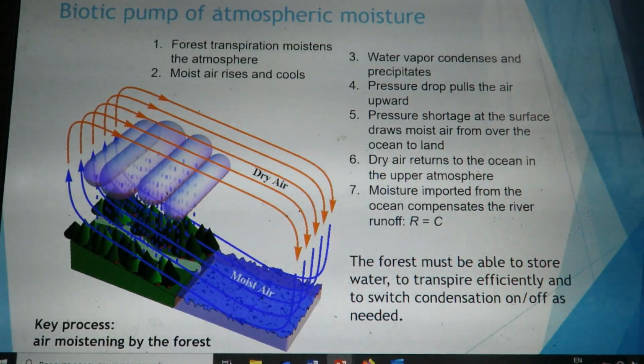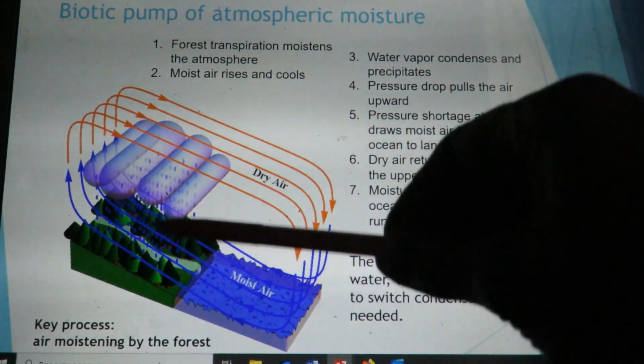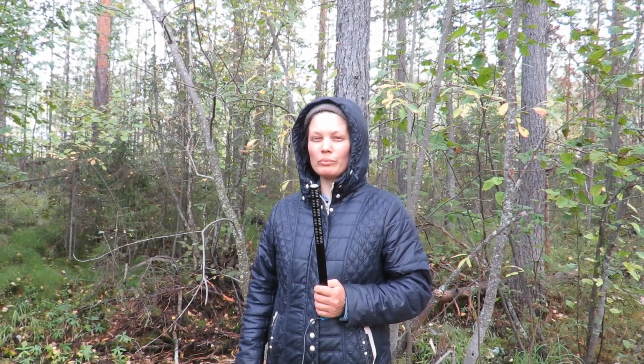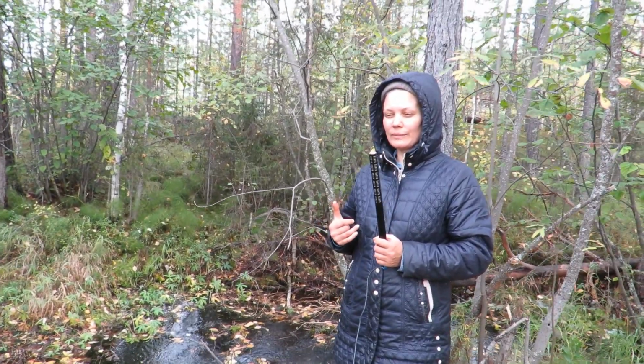So even if the atmosphere is relatively dry, by adding condensation nuclei to the air, the forest can in principle switch condensation on, and so the process of the water import is initiated. The forest moisture pump, the biotic pump, draws moisture that evaporates from the ocean inland.